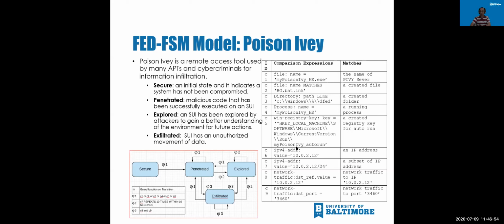And for a second guard condition, if we are in the exploit state and some pattern, like pattern 7, repeats 10 times within 10 seconds, then the state changes from exfiltrated to exploit state. Basically those guard conditions make transitions from one state to another.